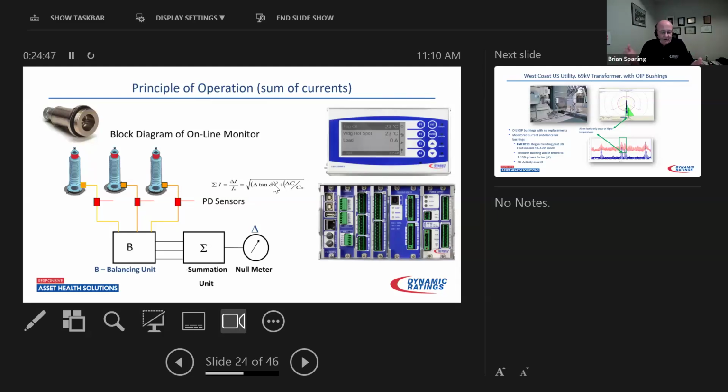Every bushing will have a different leakage current, close to each other, but still different. We balance it out, sum it, and we view it then as a null meter, so to speak, and we look at the variation of the leakage currents phase by phase.